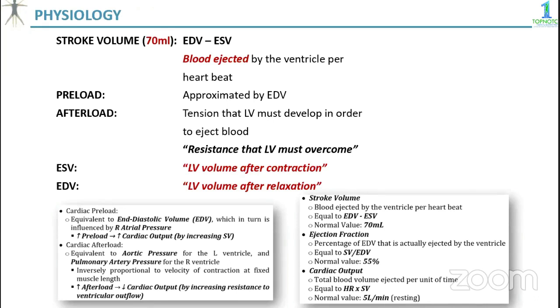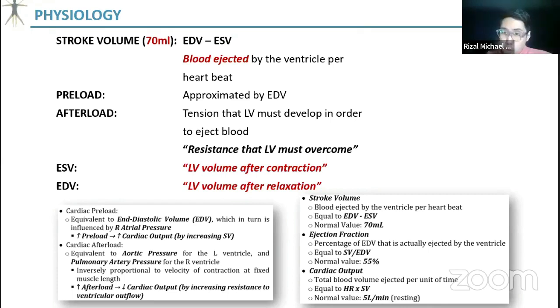Okay? So stroke volume is EDV minus ESV. So that's basically the blood ejected per ventricular heartbeat. Your preload is approximated by your end diastolic volume. Your afterload is the tension that the left ventricle must develop in order to eject the blood, or the resistance that the left ventricle must overcome. And then we have your end systolic volume, or the volume after contraction.